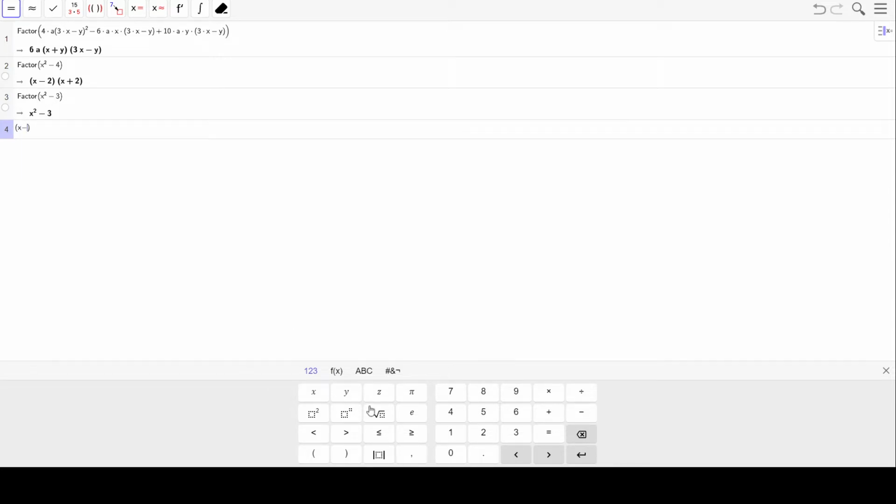If I write x minus square root of 3, multiplied by x plus square root of 3, and then ask GeoGebra to expand this, is this expansion? What's expansion? Do you remember which one was expansion? Please check your input.